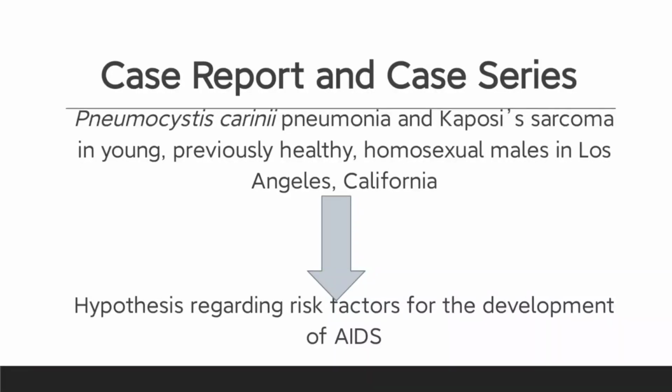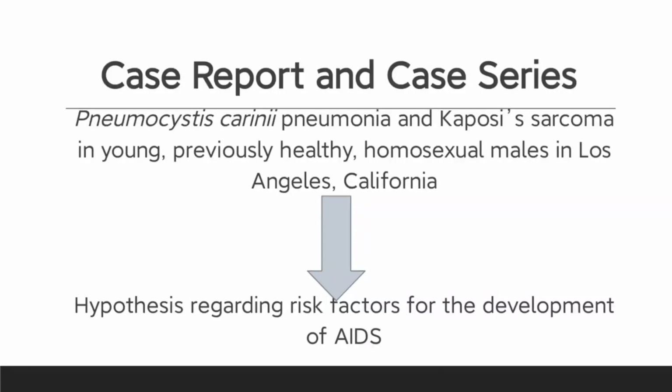So, bakit kaya lumilitaw yung mga yan? Whereas, madalas naman ang PCP and Kaposi's sarcoma sa mga geriatric immunocompromised patients. Immunocompromised meaning low immune system. Diba? Yung mga matatanda.